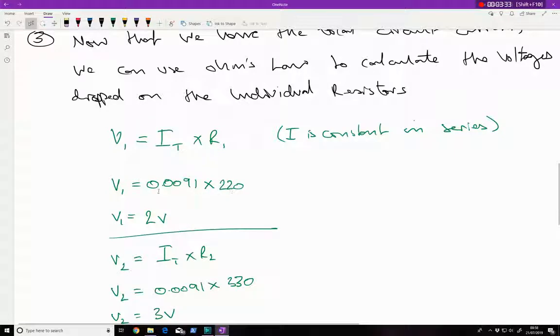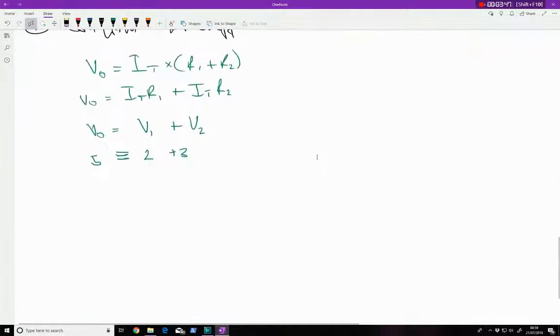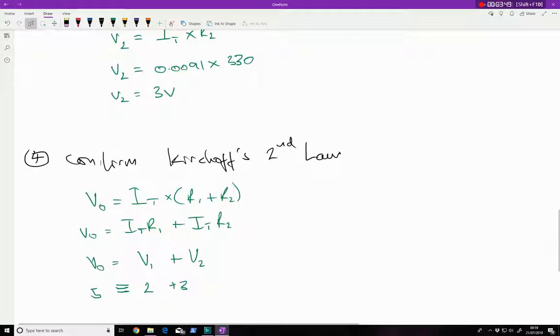So V equals IR, and for the 220 ohm resistor we should be getting a voltage dropped of 2, and by simple arithmetic over here we should be getting a voltage dropped of 3. Okay, and that confirms Kirchhoff's second law: the total voltage dropped in the circuit should be the total amount of voltage going into the circuit. So we will now test that using a real circuit.